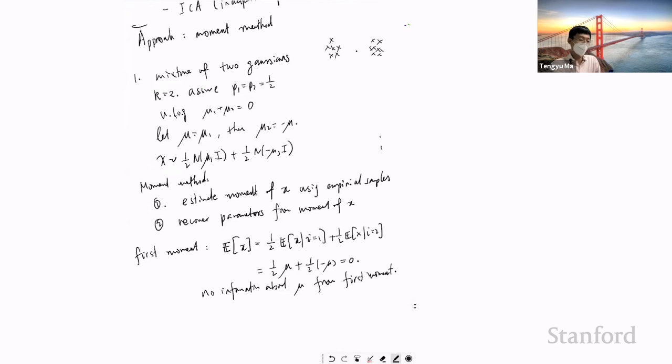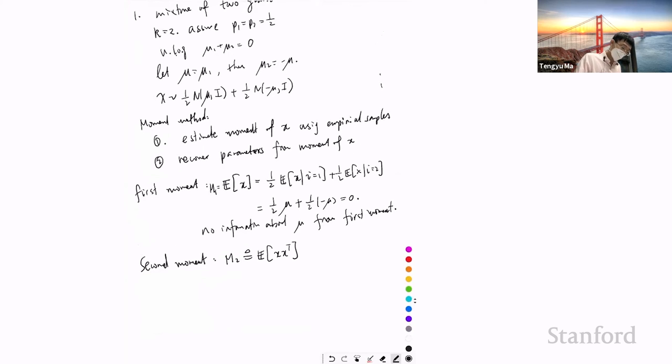The second moment, let's call it M2. Maybe I should call the first moment M1 as well. So the second moment M2 is defined to be the expectation of the outer product of x with itself, the expectation of x x transpose. Why is this called the second moment?